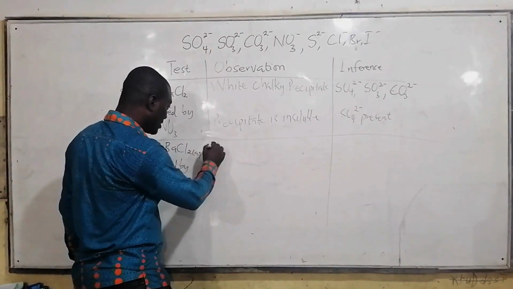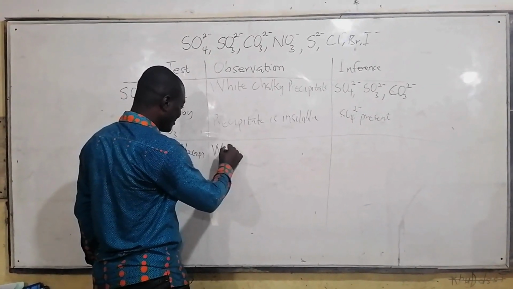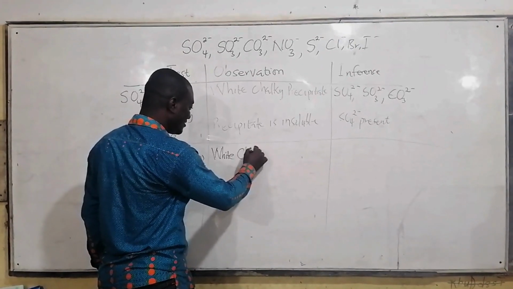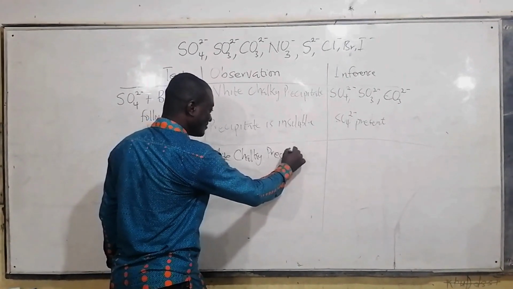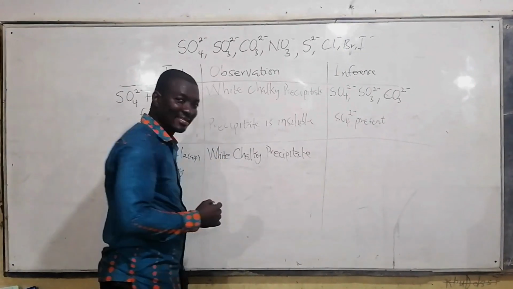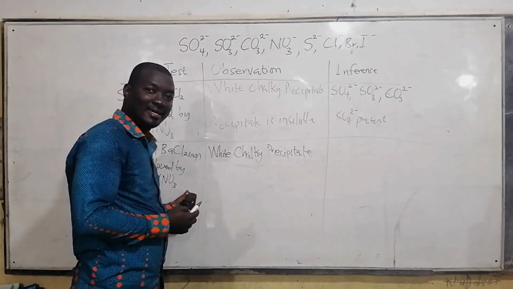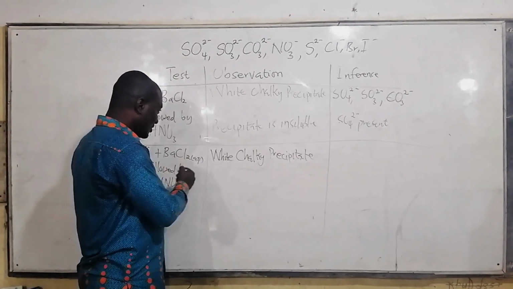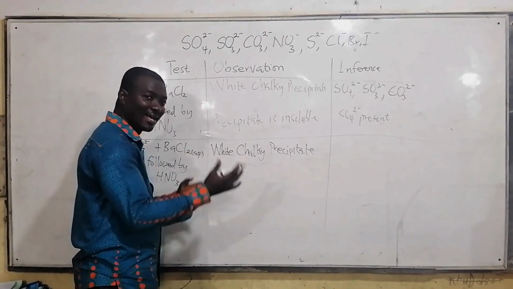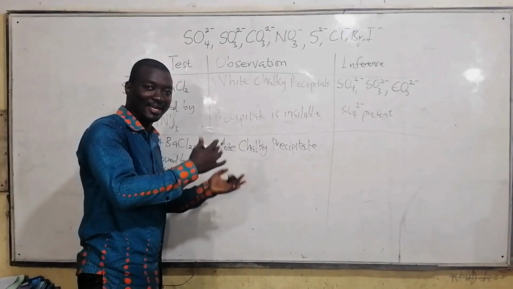Similarly, it produces white, chalky precipitates. But this time around, when the HNO3 is added, it becomes soluble. So that is how we are able to distinguish between SO4 2 minus as well as SO3 2 minus.